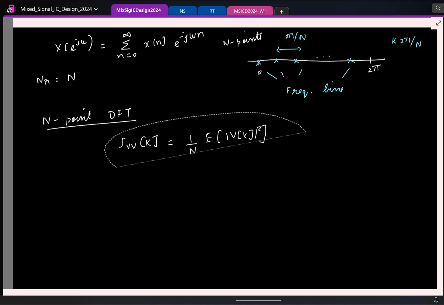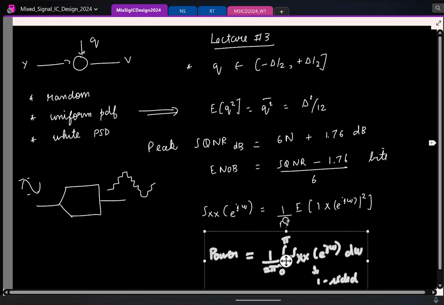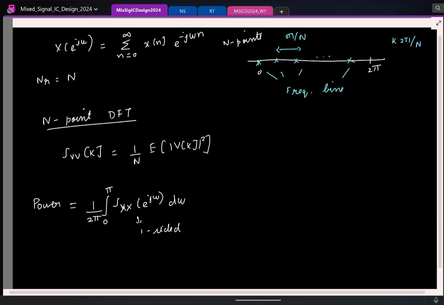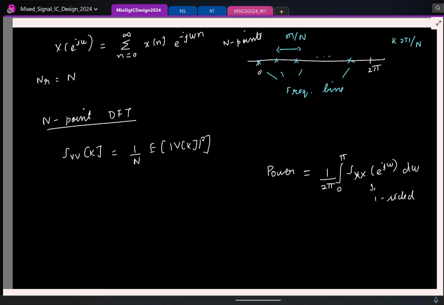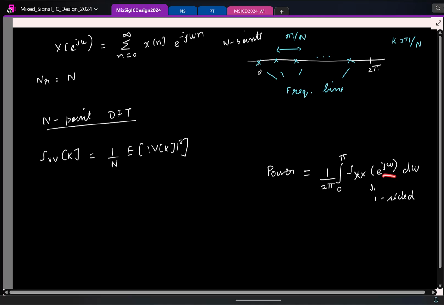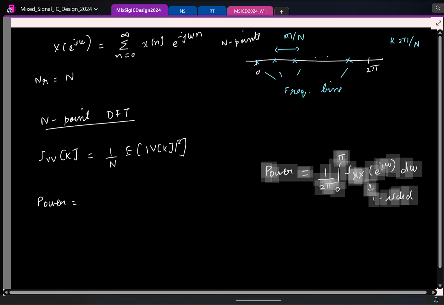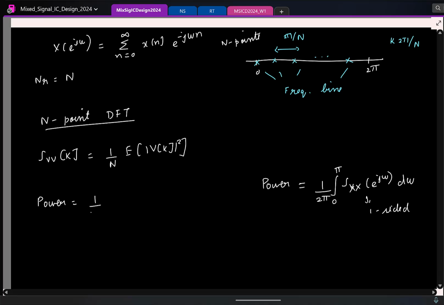So earlier we computed the power from the power spectral density like this, right? Let me copy that here. Now I no longer have the spectrum for all omega, I have it at discrete points. So if I were to compute the total power in the signal, how does this expression modify? Summation. Yes, I'll have 1 by 2 pi, nothing changed.